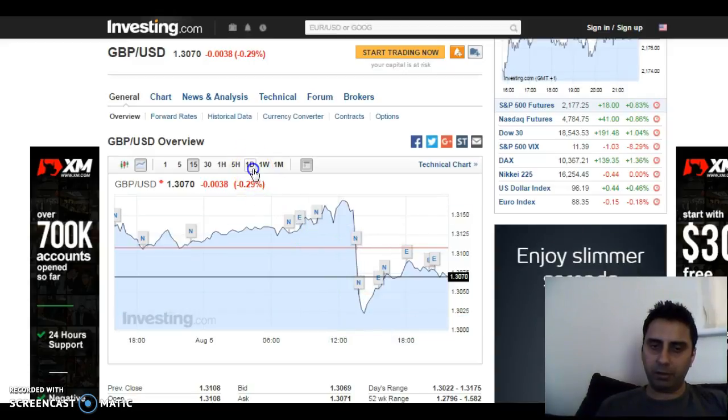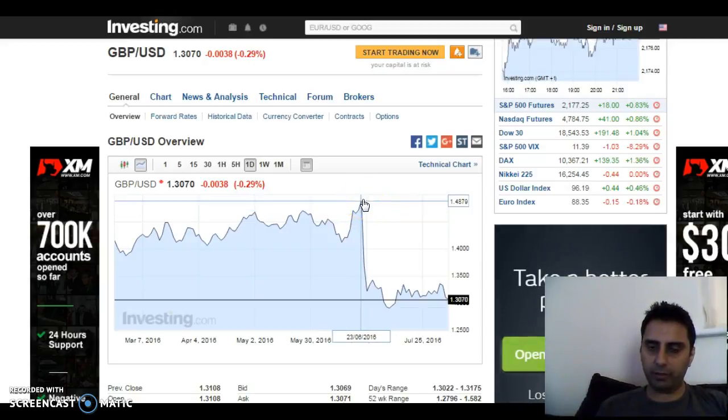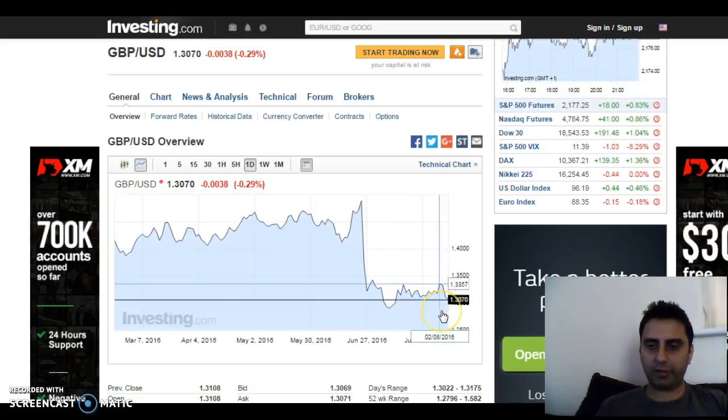If you expanded this a little bit further, you would notice that the pound has been on the decline since the Brexit announcement occurred. This level of decline is testing out new lows, but this is not to say that it will not bounce back at some point in the future.